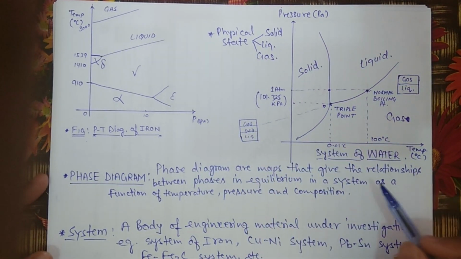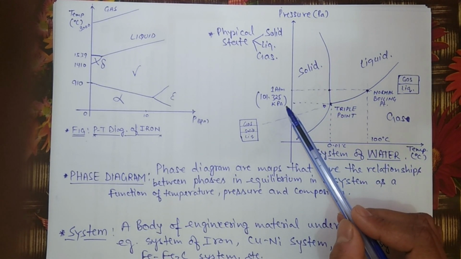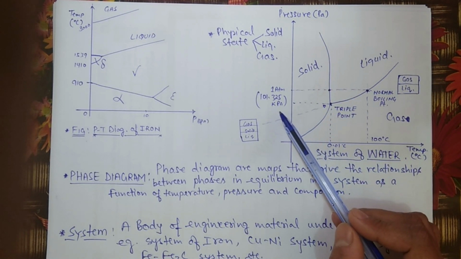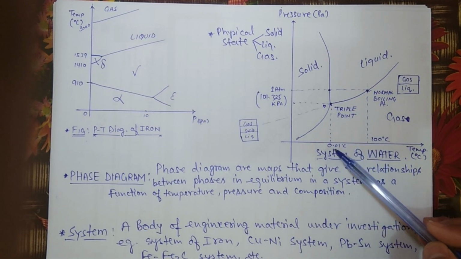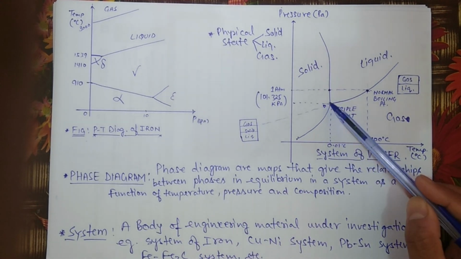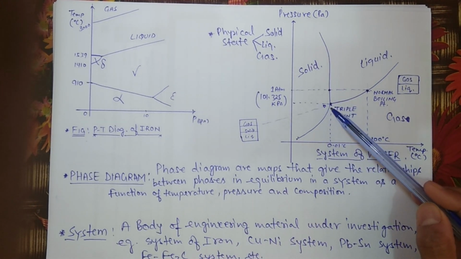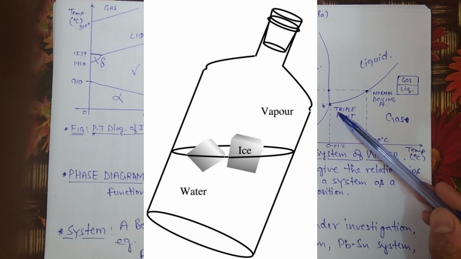At this particular point the pressure is somewhere around 0.006 atmospheric pressure and 0.01 degree centigrade, which is the triple point for water. Only at this particular temperature and pressure do all three phases coexist together. So this is known as the triple point.